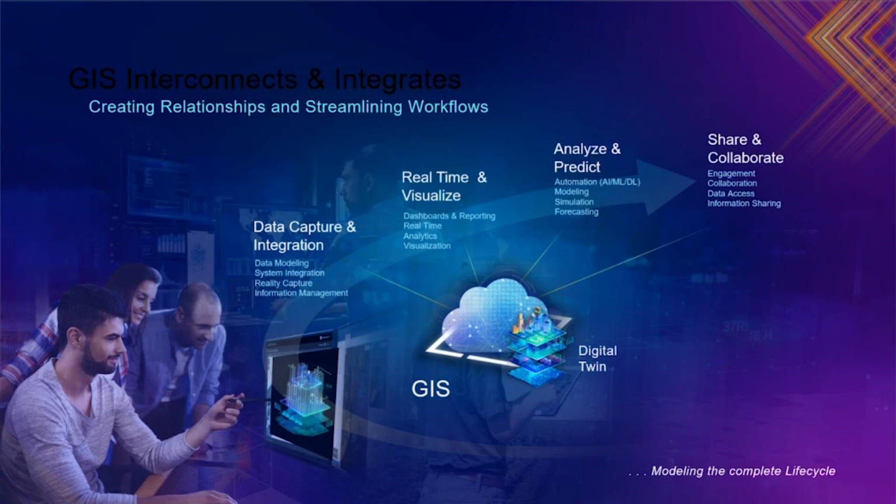Once you have that, how do I visualize it? I have my data, I'm getting it from other systems, and I need to visualize it. Some data needs to be visualized in a 2D environment, some in a 3D environment. For example, AutoCAD data, or BIM data like Revit data.